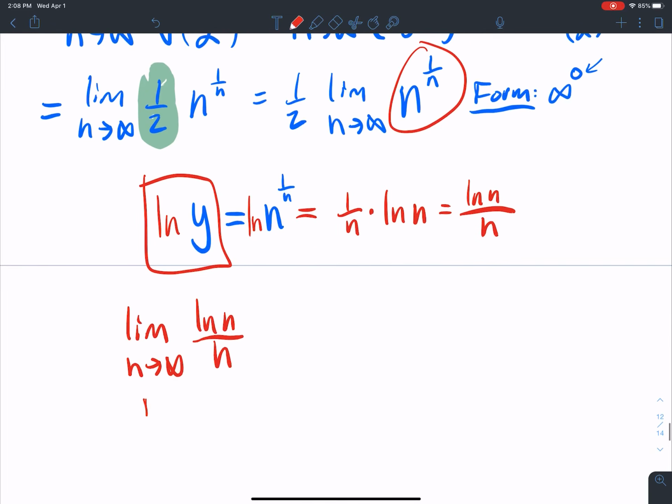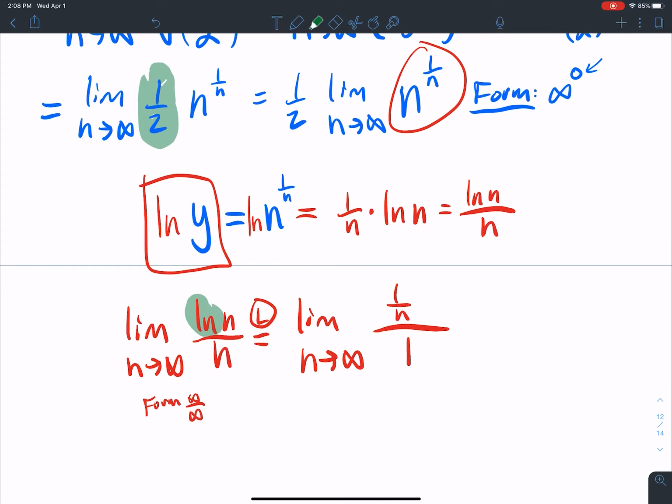This is of the form infinity over infinity, so I can use L'Hopital. So this is the limit as n goes to infinity of 1 over n divided by 1. Where did that come from? The derivative of ln n is 1 over n. The derivative of n is 1. So now my work is pretty much finished. This is 0 over 1, which is 0.